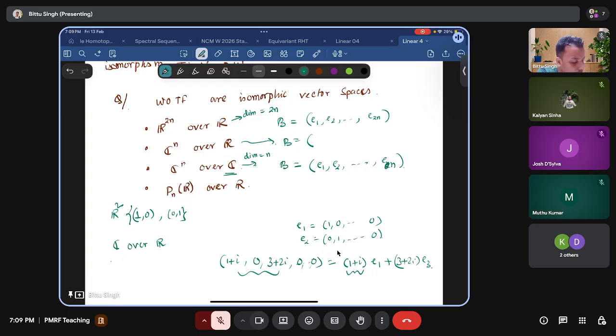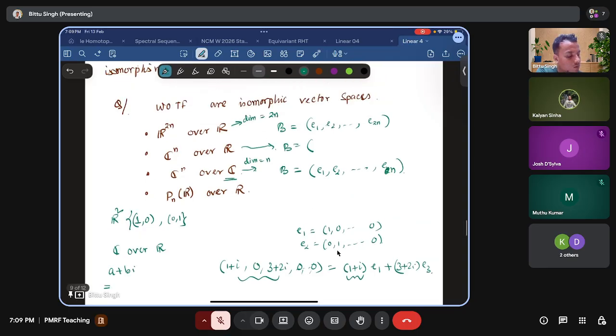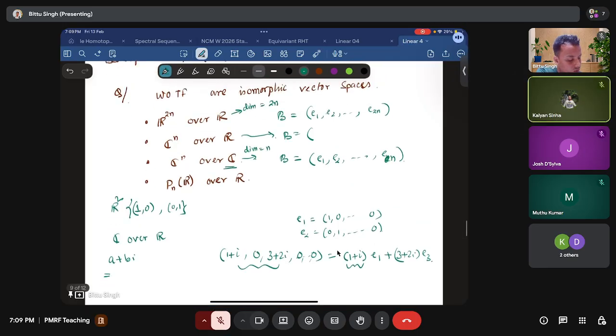Any element of C will look like A plus Bi, right? Can you write it as a combination of some vectors which will be linearly independent? 1 comma I. Exactly.